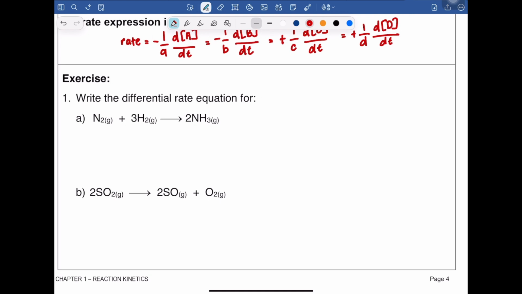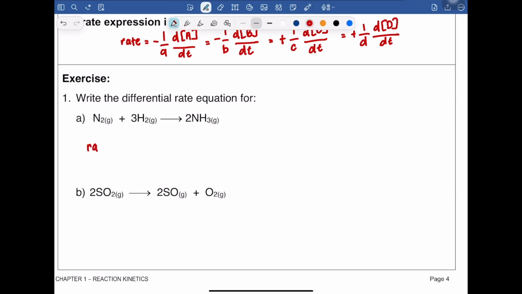Now let's look at the exercise here. Write the differential rate equation for this reaction. You can pause this video and do it first, or you can just look at my example first. It's up to you. As you can see, we have our reactants here, nitrogen gas and hydrogen gas, and we have ammonia as product. So how are we going to write?